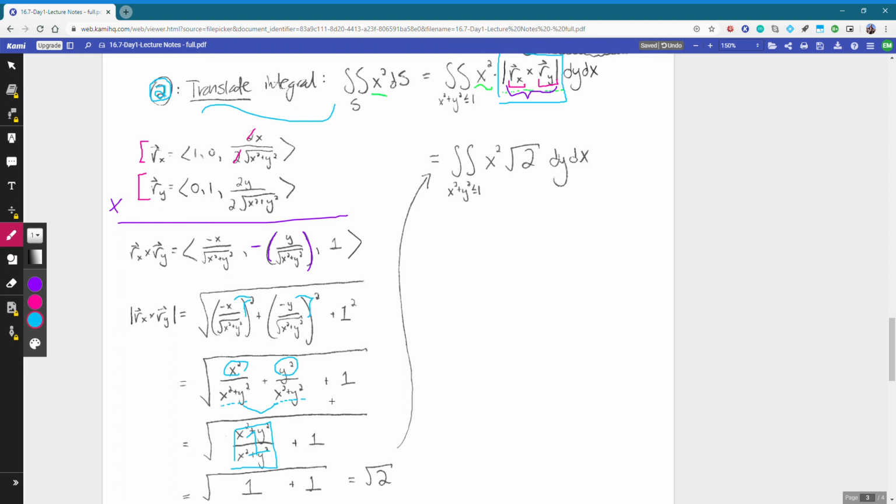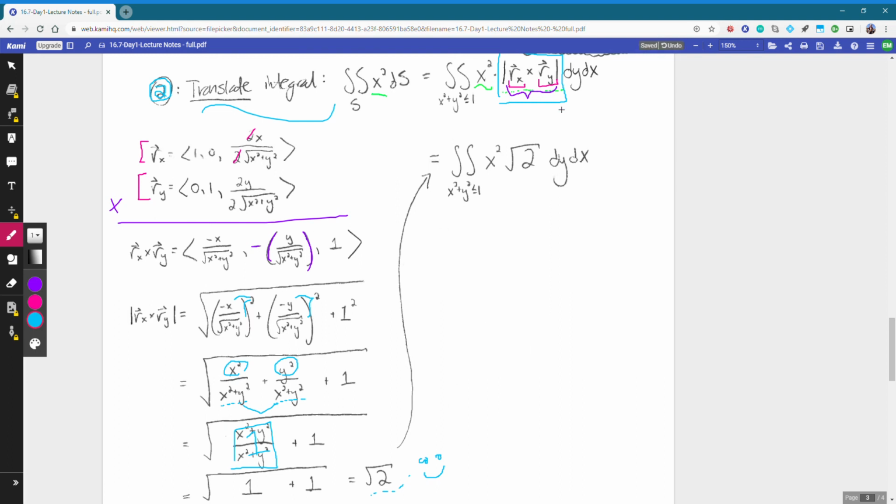And so at the end of the day, the size of the cross product of our two partial derivatives of our parameterization, which in general is a hideous monstrosity in terms of x and y, here is just a nice clean constant, root 2.